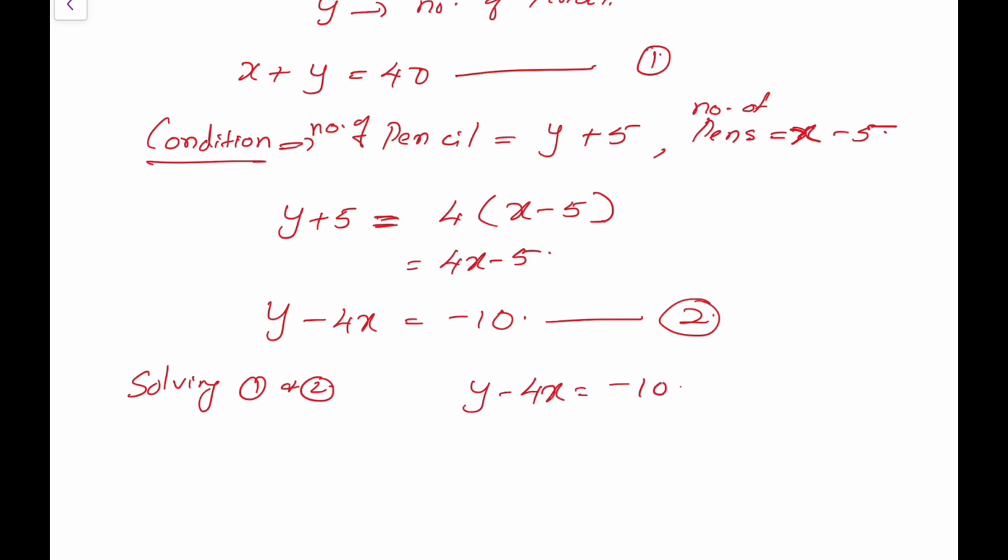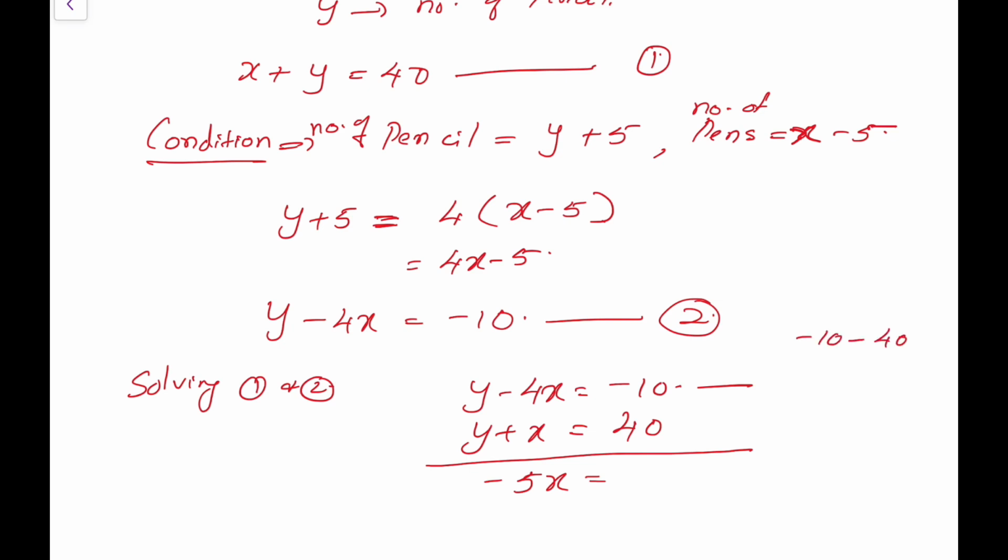Solve 1 and 2. Y minus 4x is equal to minus 10. Y plus x is equal to 40. So I'll subtract, because y and y same sign, so you have to subtract. If it is opposite signs, you will add. So minus 4x minus x will be minus 5x equal to minus 10. If you are not comfortable doing mentally, you can write it on the side.